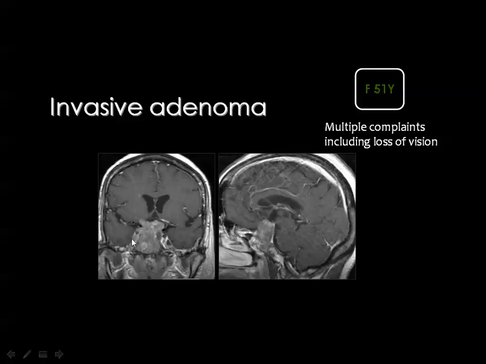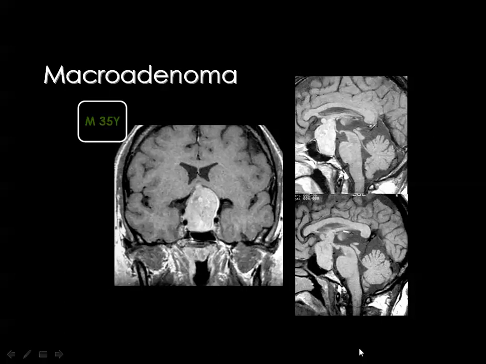And this is also an example of invasive pituitary adenoma with somewhat extension into the suprasellar area, but a bigger extension into the infrasellar area, obliterating the cavernous sinus. Then the adenoma which is extending into the suprasellar area with intact sellar floor is known as the pituitary microadenoma. But whenever the adenoma is invading the sellar floor, extending into the sphenoid sinus, this is an invasive adenoma.